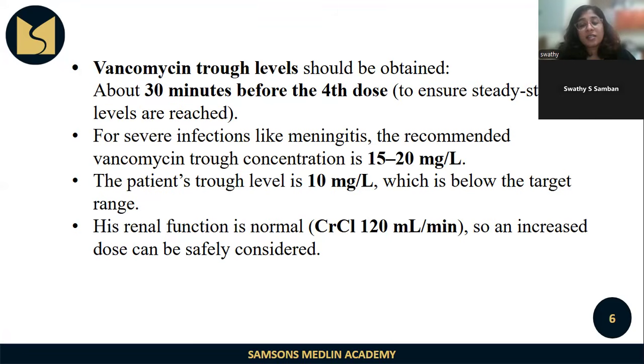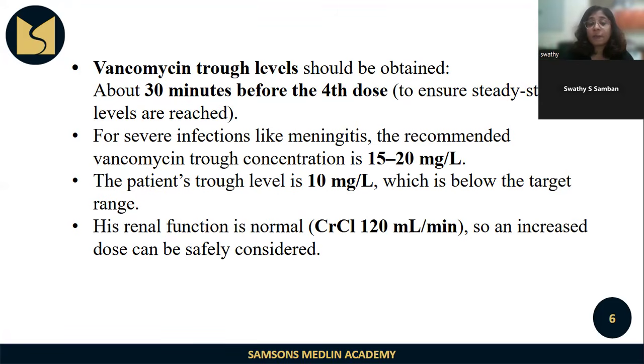So after reaching the steady state, 30 minutes before the fourth dose, the blood samples are drawn from the patient, and that blood sample is used to look at the levels of vancomycin. For severe infections like meningitis, the recommended vancomycin trough concentration is 15 to 20 mg per liter.